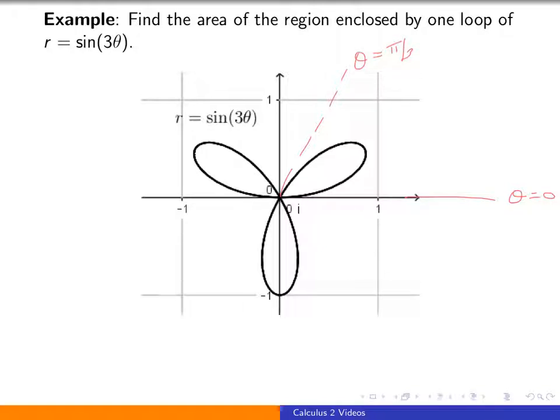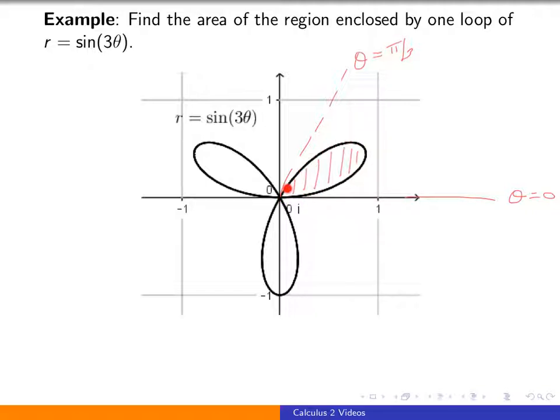And we want to essentially find the area enclosed by one of these loops or one of these petals. In terms of theta values, thinking about where sine will be equal to 0: 0, pi, 2 pi. When you plug in 0, you get 0, giving this first point.